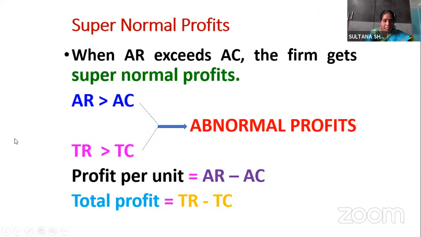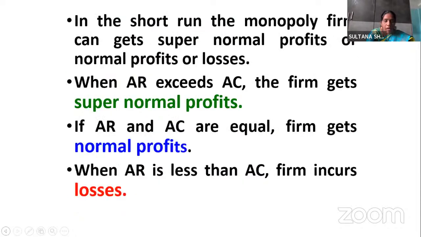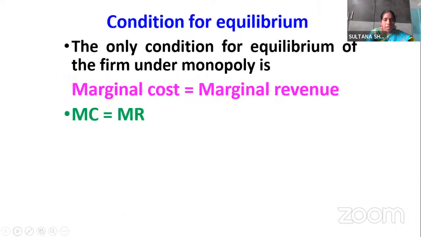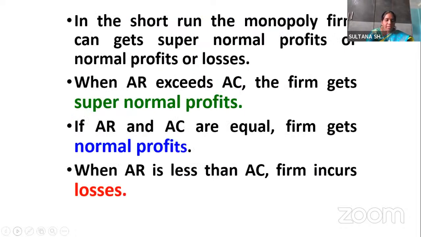The second condition, that marginal cost should cut the marginal revenue from below, is not needed here. In any market, either perfect competition or imperfect market, the first condition is the same: marginal cost is equal to marginal revenue. But in the monopoly market, marginal cost need not cut the MR from below.